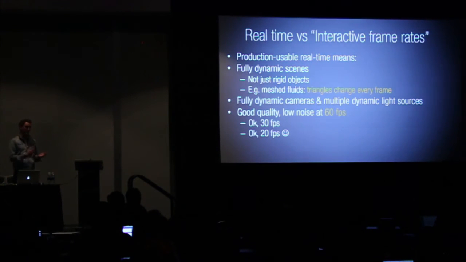The triangle set is completely regenerated, which means that the data structure has to be completely regenerated. Production usable also means fully dynamic cameras, fully dynamic multiple light sources. And it needs to be good quality and low noise at 60 frames a second, or perhaps anywhere from 15 to 60, depending on your perception of real time and how much you care.